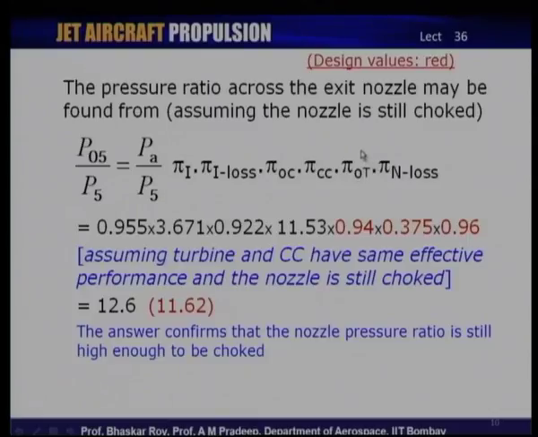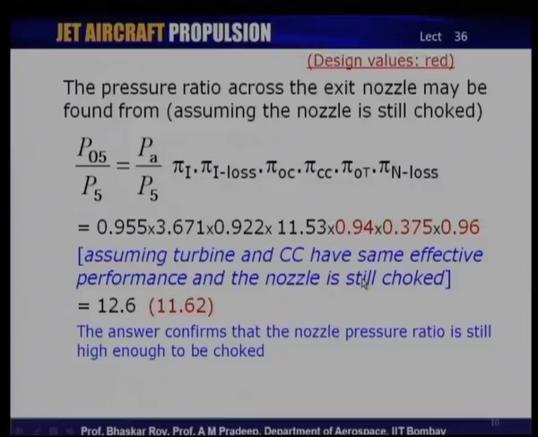We also have the pressure ratio across the turbine and the nozzle pressure recovery factor. Now, the last two, that is the turbine pressure ratio and the nozzle pressure recovery factor, we assume to remain the same as the design point, because we are assuming that the turbine and the combustion chamber have the same effective performance and that the nozzle is still choked.